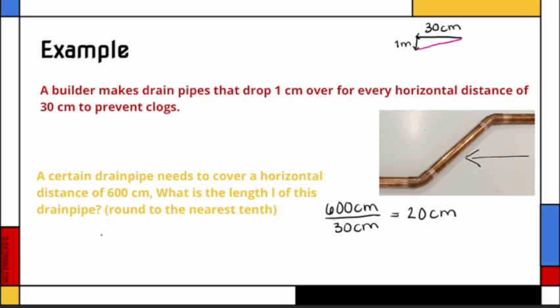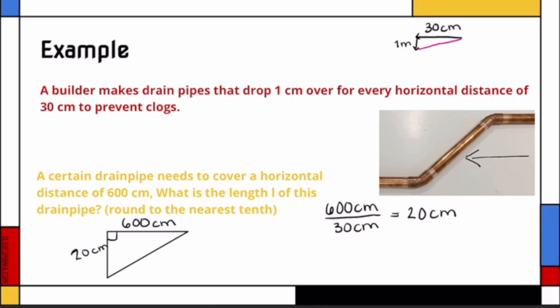So I can draw a triangle similar to this one, where the distance that it drops, instead of just being 1, is going to be 20 centimeters. And remember, our horizontal distance was 600 centimeters.